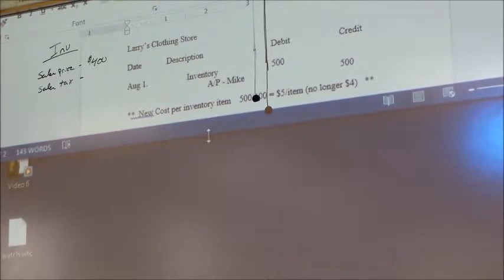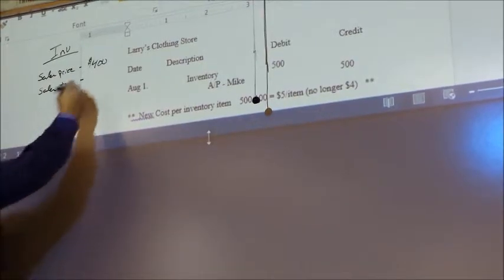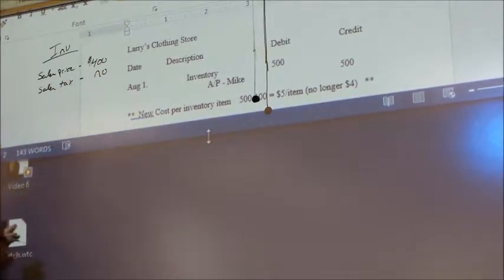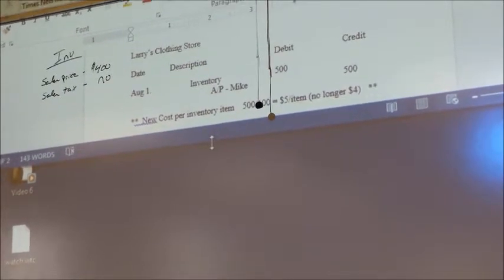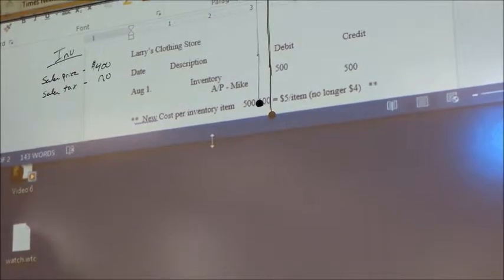No, I don't think so. No, you're right, we shouldn't. No sales tax, because what's the main reason? It's not the final buyer. Yeah, we're not the end user. We're just the middleman. So no sales tax until it gets to that final person that's going to buy it and not resell it, or not change it and resell it.